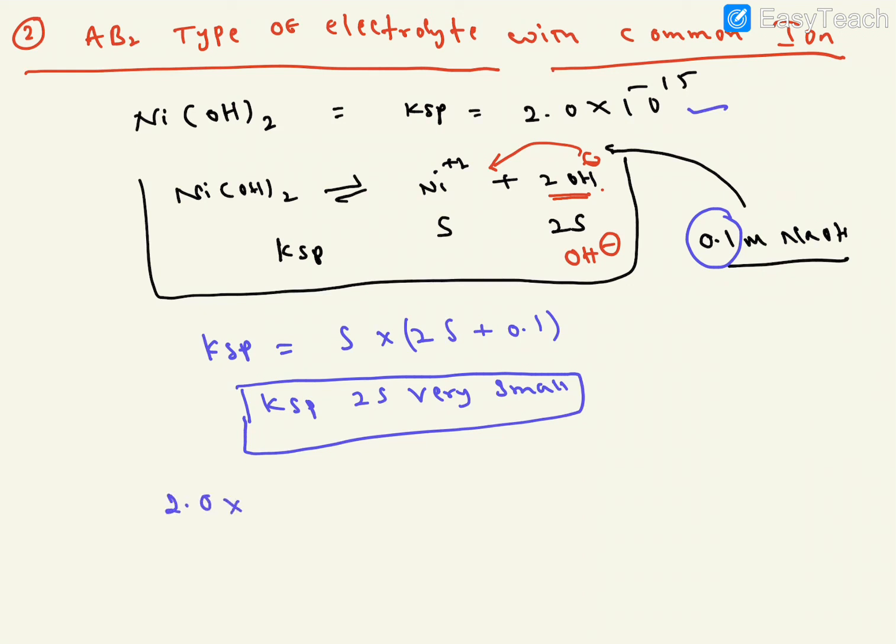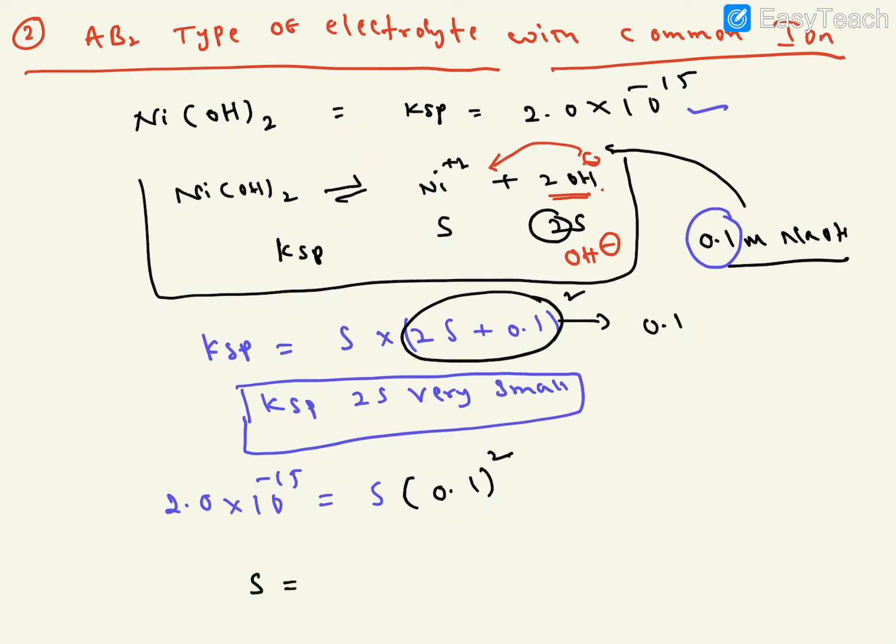So the resultant Ksp value, as mentioned here, 2.0 into 10 to the power of minus 15 equals S into this total value, which becomes 0.1. The power 2 is there because of the 2 ions.